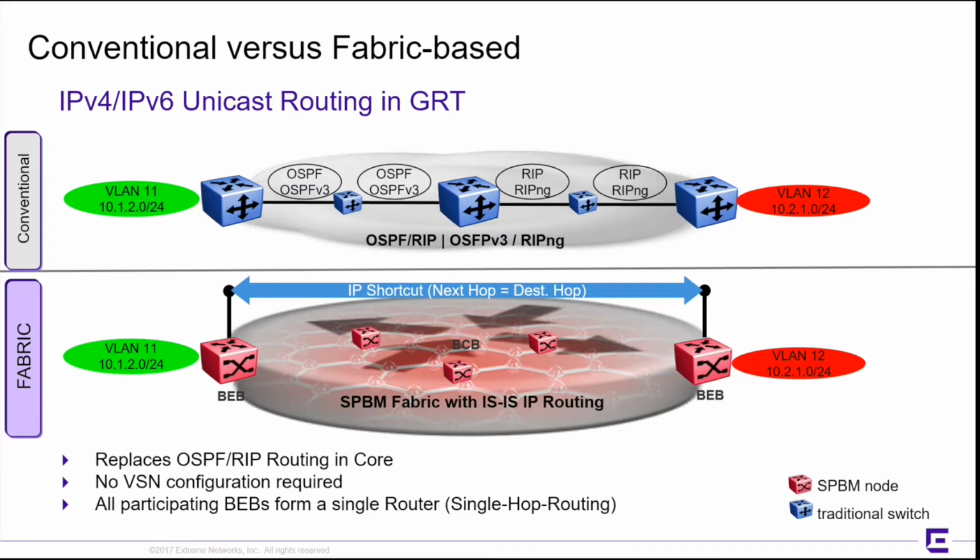So IP shortcuts is integrated with shortest path bridging. You don't have to say, oh, am I going to use OSPF here? I'm going to use RIP here. What does this switch support? What does that switch support? It's a fabric network. It supports shortest path bridging, and it's as automatic as you can get with populating routing tables.